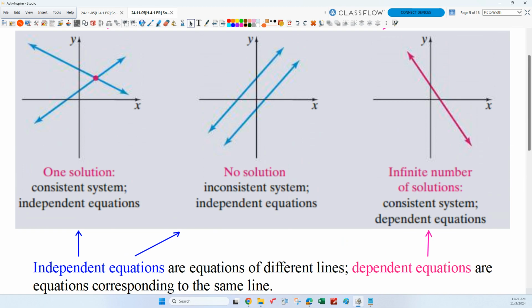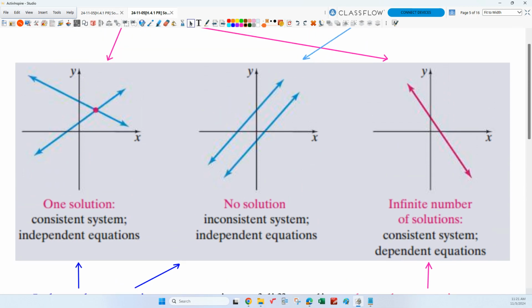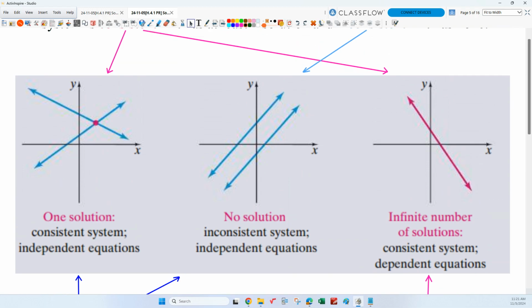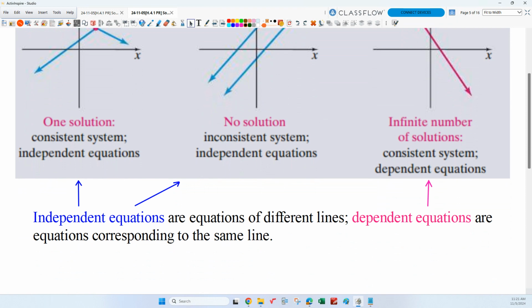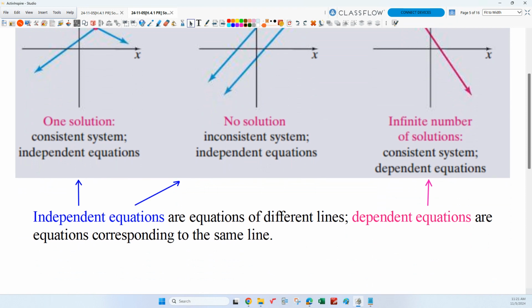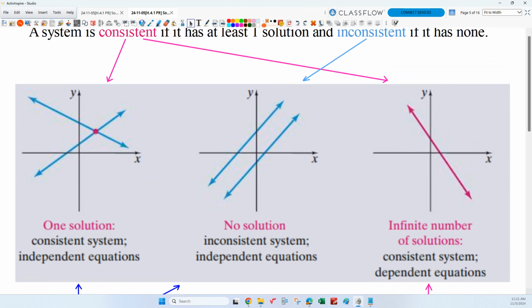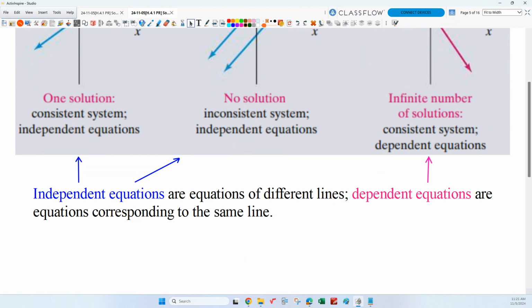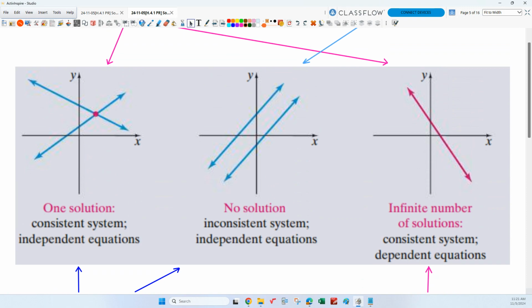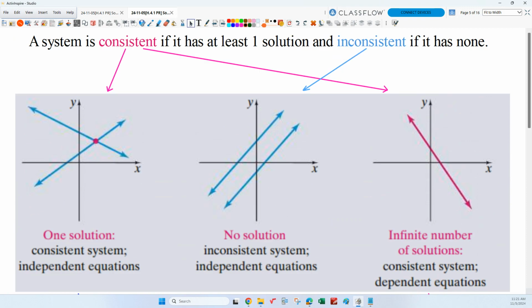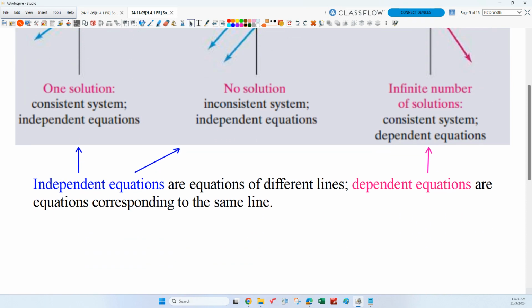If we combine those, the first system, where there's only one intersection, would be a consistent independent system. The second one, where we have parallel lines, would be an inconsistent independent system. And the third case, where we have the same line, would be a consistent dependent system. Make sense? Okay?